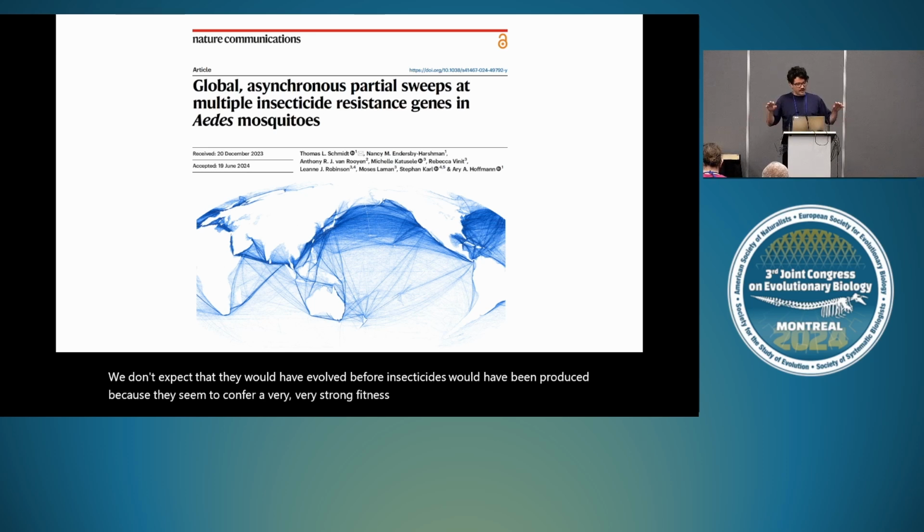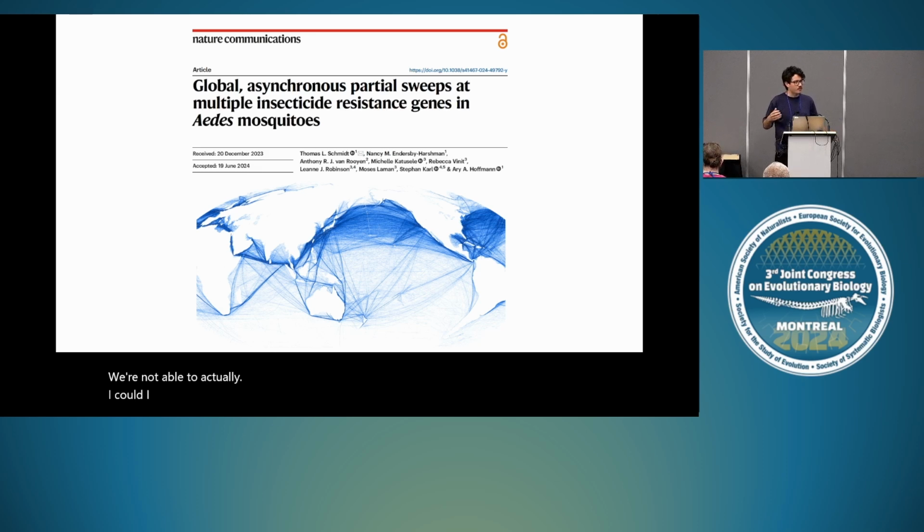That's at least for these 2 major loci, but there may be other genes along the genome where we don't really know about the level of resistance, say, 200 years ago or something like that. Because our sampling occurred over about 10 years, we're not able to actually, I could estimate it, but I wouldn't want to be too sure about it.